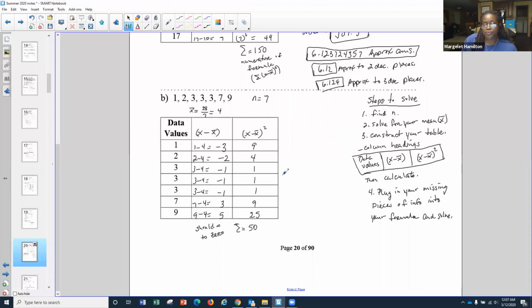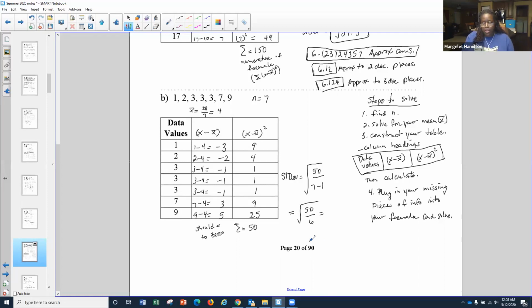Here it is. Standard deviation, we're talking about the square root of 50 divided by 7 minus 1. So square root of 50 divided by 6. Do some calculations. So you do 50 divided by 6. Gives us a very funky looking decimal.